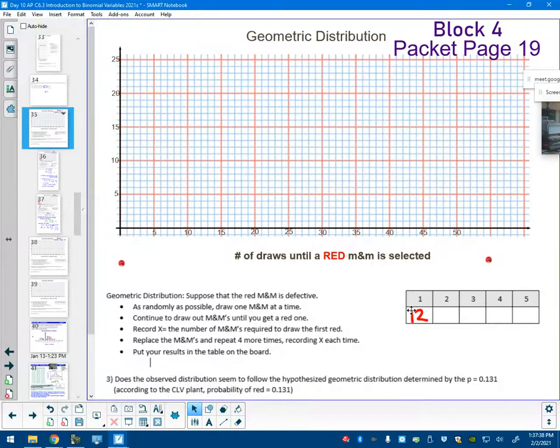Geez. That did not take me this long earlier today. No, I got a lot of red ones in there.